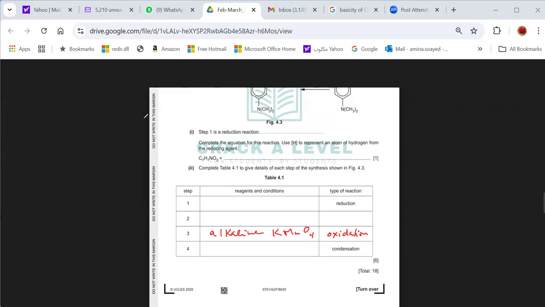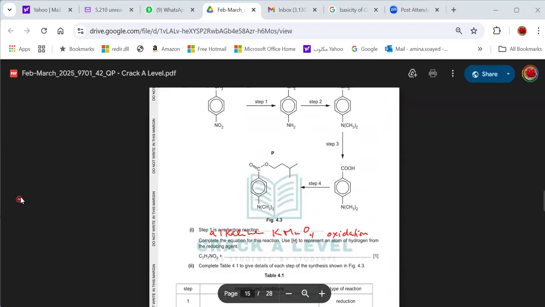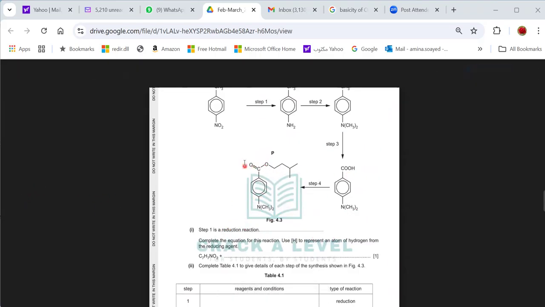For the last reaction, which is a condensation reaction, we have to change the carboxylic group into this group. As you see, this is an ester, and this means that we added the alcohol, which is OH, and then we have 1, 2, 3, 4, and here we have a methyl.